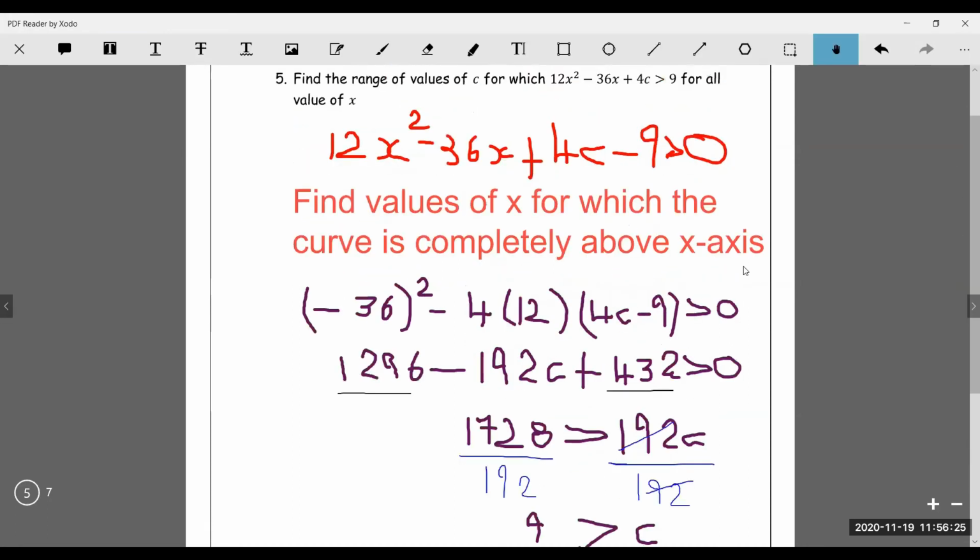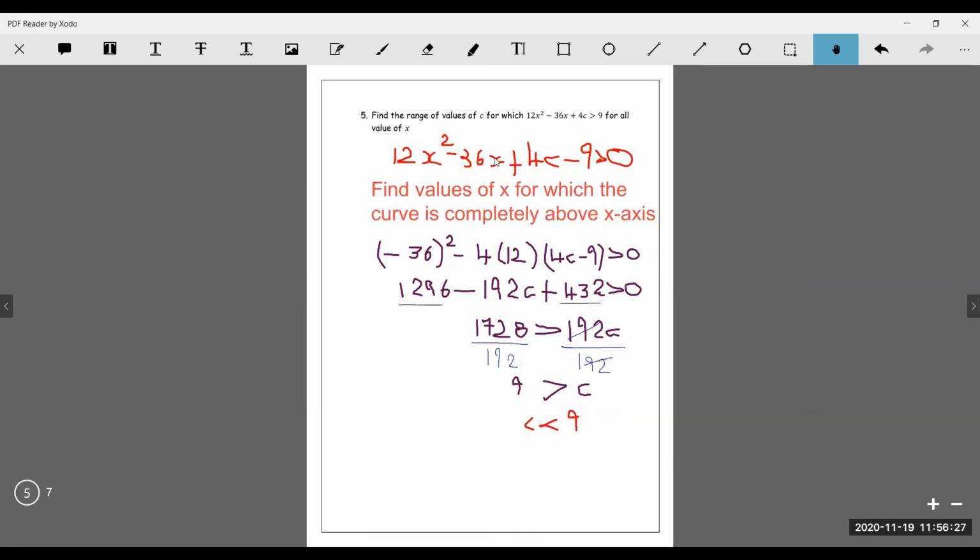So that's the range of values for c for which the curve is completely above the x-axis, and so for which the expression is greater than 9. C is less than 9. Easy.